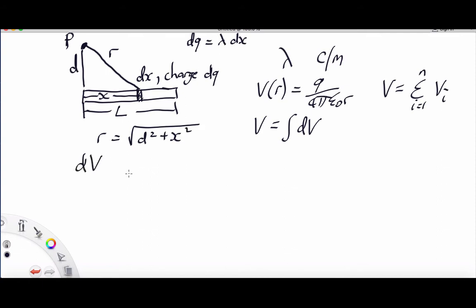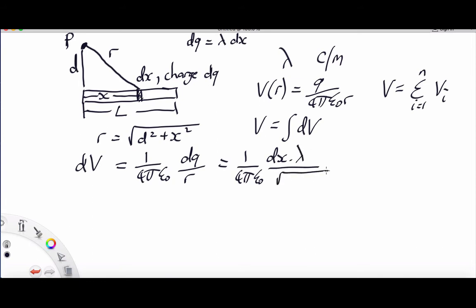So each little element dx that has its charge dq will provide a little bit of potential dV. That will be 1 over 4 pi E naught dq over r. And that will be 1 over 4 pi E naught dx times lambda, as we worked out above, over the square root of x squared plus d squared.